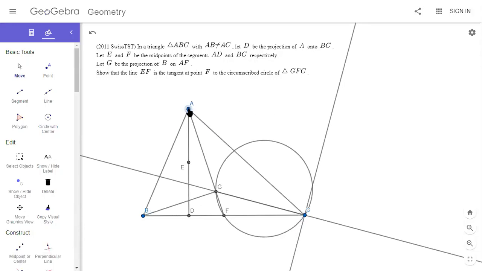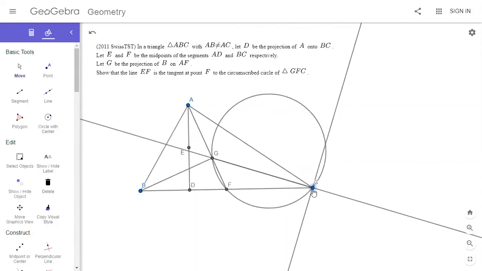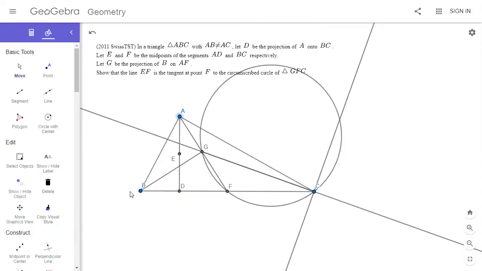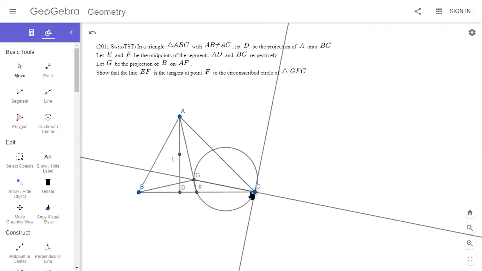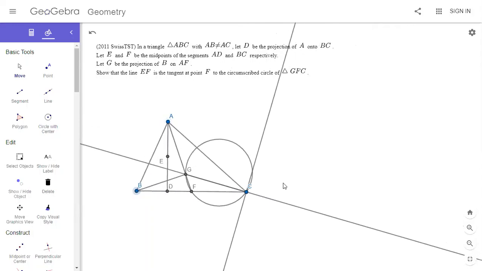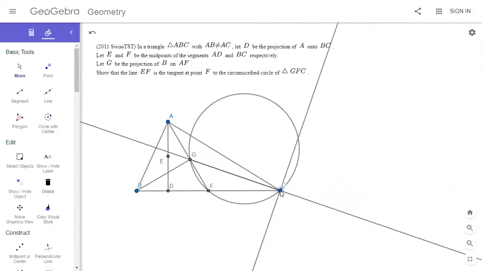So let's see. I'm trying to get this to, I want to see where AD intersects. I want this line to be less vertical. It's too vertical.